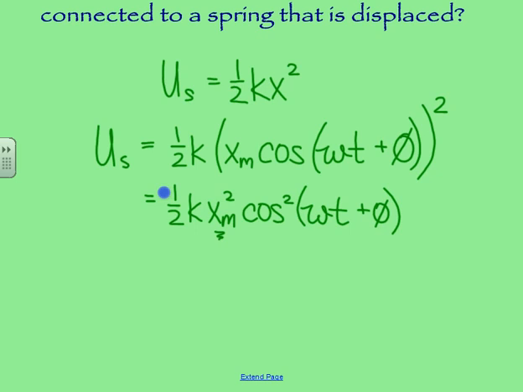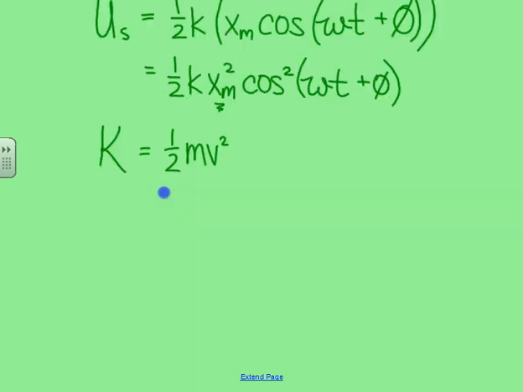As we release our object, some of this elastic potential energy gets transformed into kinetic energy. We can do the same thing with kinetic energy, plugging in our expression for velocity.